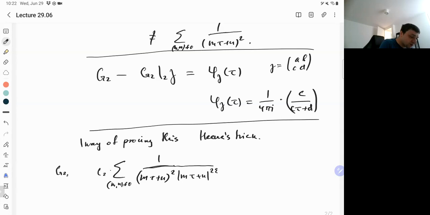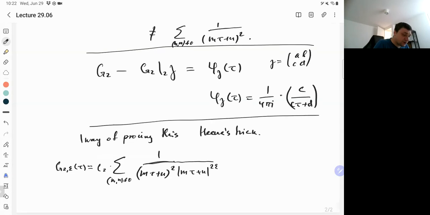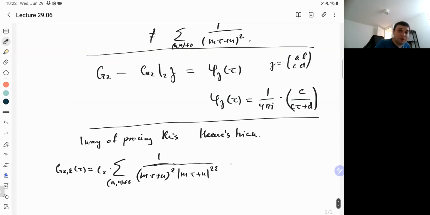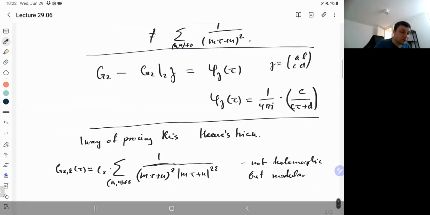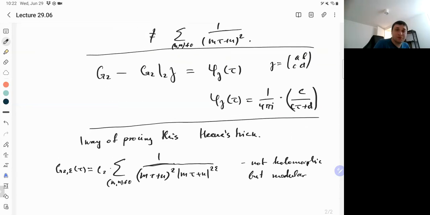So you define G2 epsilon of tau as this expression, and it is modular in a more general sense than what we were discussing. So it's not holomorphic, but it is modular in the sense that if you apply fractional linear transformation with integer coefficients, you can work out what the transformed series is.